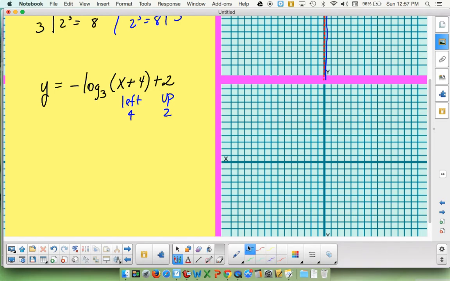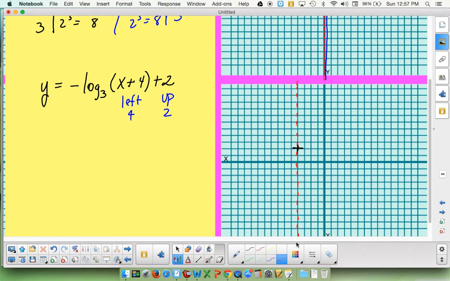Up 2, left 4. That's your new origin. What kind of an asymptote should you run? Exponential functions have an x in them, so they have an x-axis asymptote. Logarithms, look at that L on log. It's a straight up and down line, so its asymptote is straight up and down.